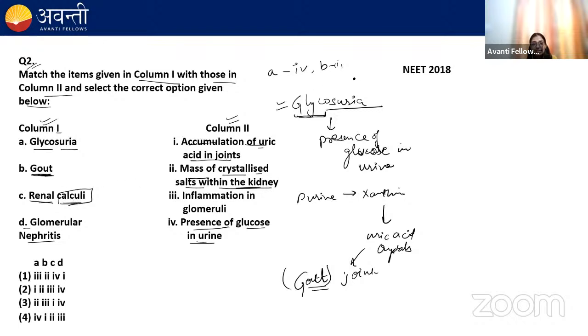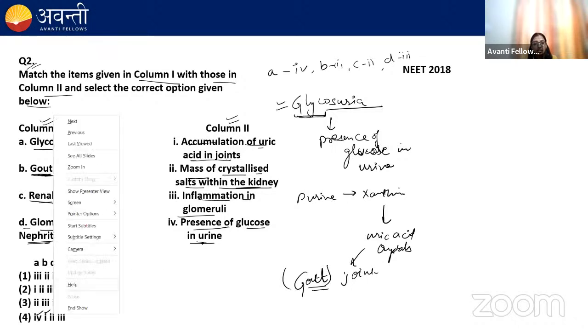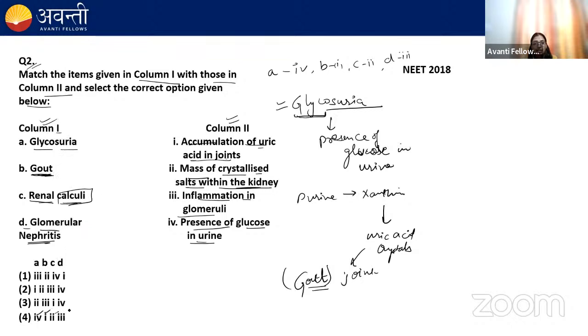So C is second. D, glomerulonephritis, is the inflammation of glomeruli. So D is 3. A fourth, B 1, C second, and D 3. So the correct option is 4. I hope it is clear to everyone.